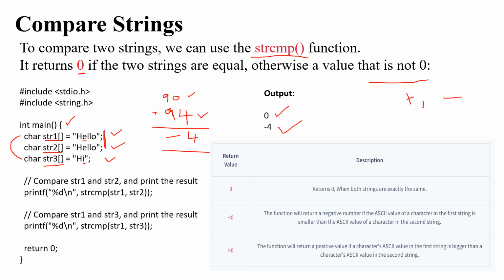Because the ASCII value of e is less than the ASCII value of i. Okay. Similarly, if the ASCII value of the character which is given in string 1 is greater than the ASCII value of the character which is given in string 3, then you will get a positive value. So you can obtain 0, or less than 0, that is negative value, or greater than 0, a positive value. So this is nothing but comparison of strings using string comparison.